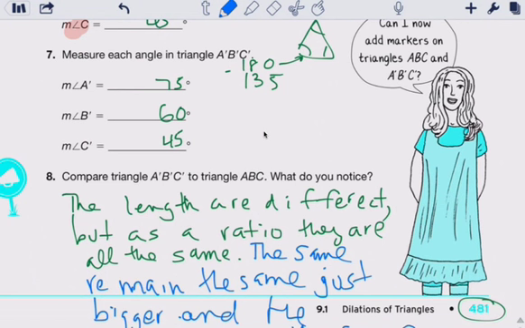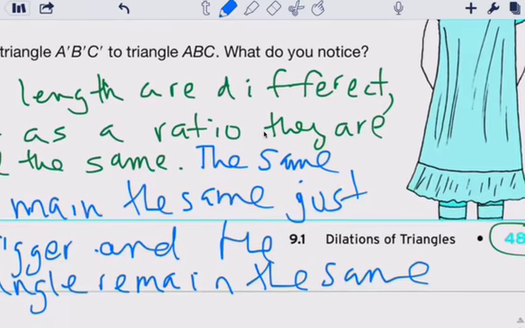So we call these similar triangles. Okay? They're called similar, they're not congruent. The same but bigger, and the corresponding angles.